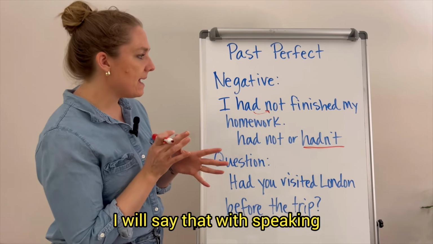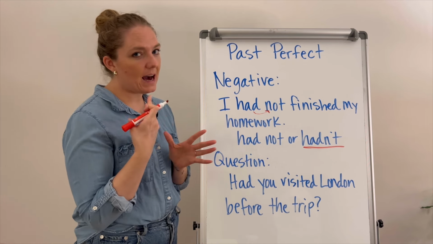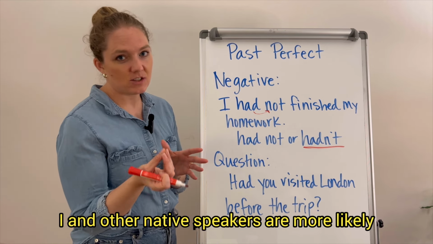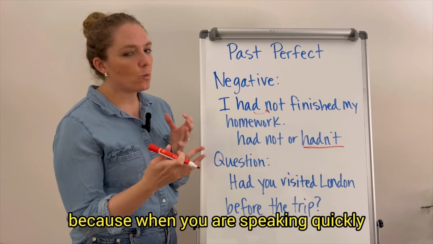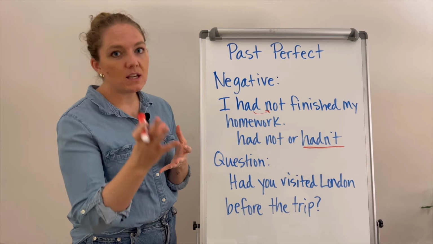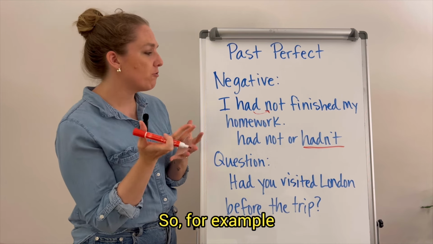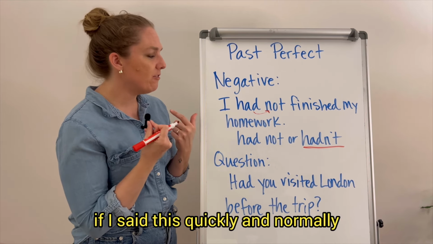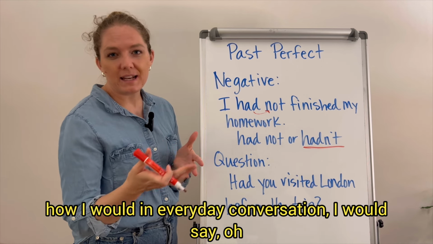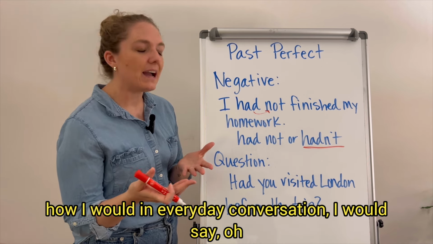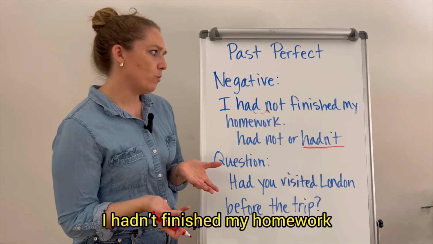I will say that with speaking, I and other native speakers are more likely to use a contraction just because when you are speaking quickly, it shortens the words. So, for example, if I said this quickly and normally, how I would in everyday conversation, I would say, "Oh, I hadn't finished my homework."